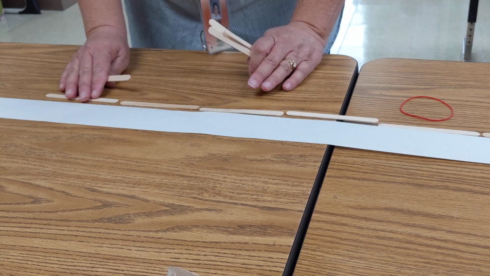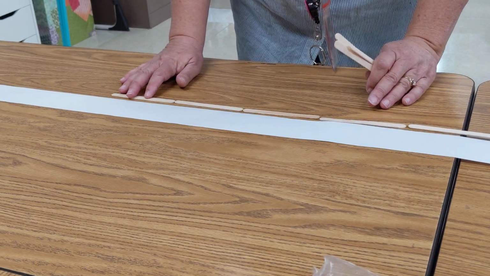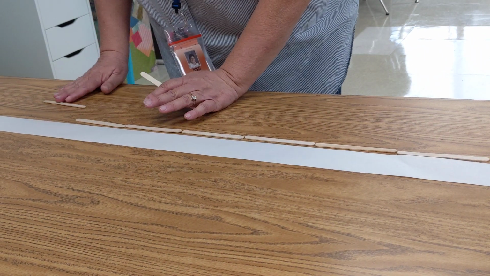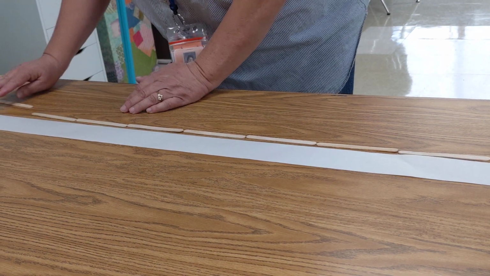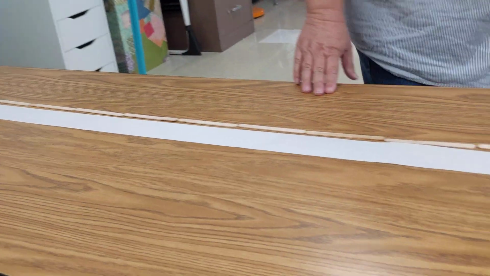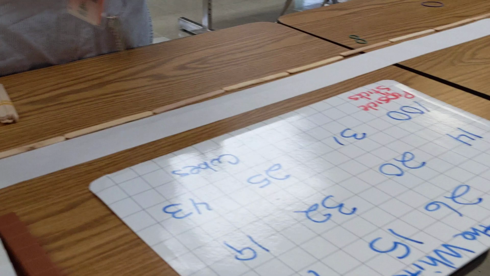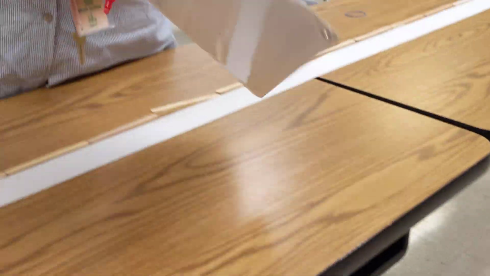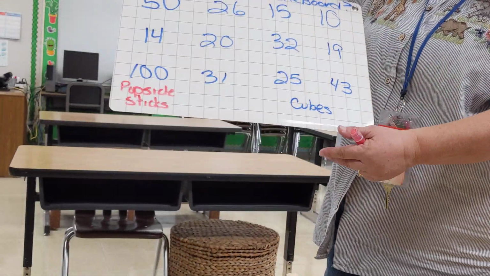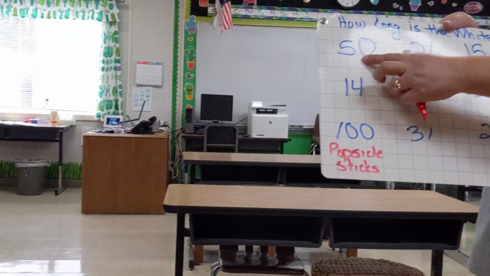I don't know either, but before I open another pack, I want to come back to my estimate. Ooh, that is pretty close. Let's come back. We are in popsicle sticks. 10, 20, 30. So we haven't gotten to 50.